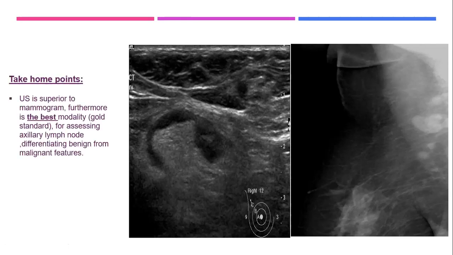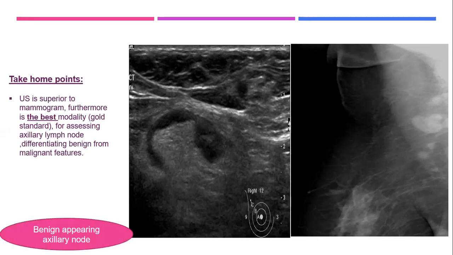So ultrasound is superior to mammography, and furthermore is the gold standard and the best modality to evaluate axillary lymph nodes, differentiating benign from malignant. These benign-appearing lymph nodes on mammography but suspicious on ultrasound can be missed based on mammography.